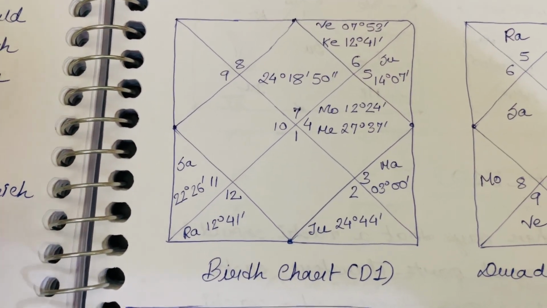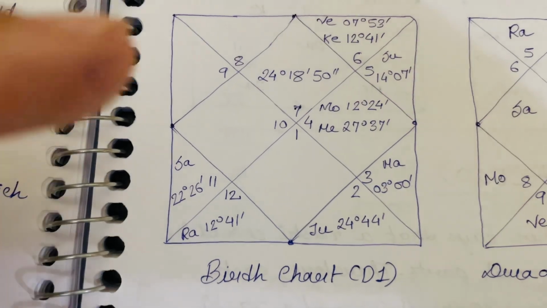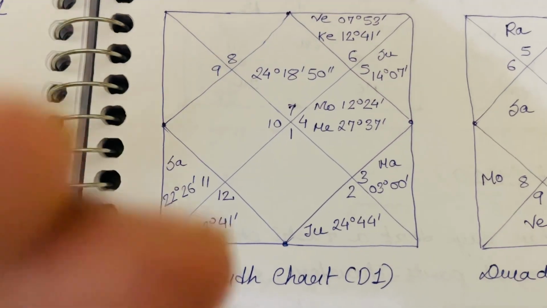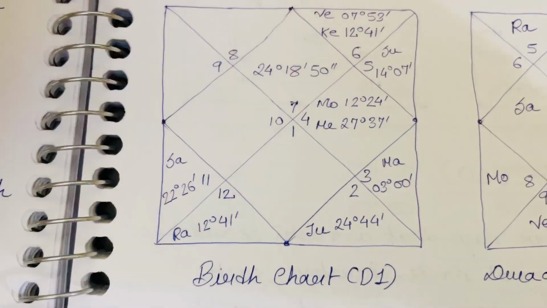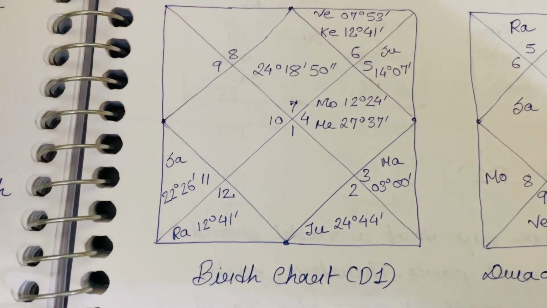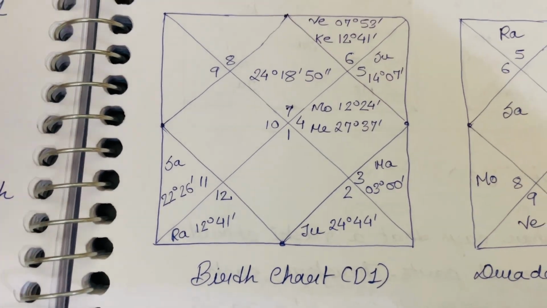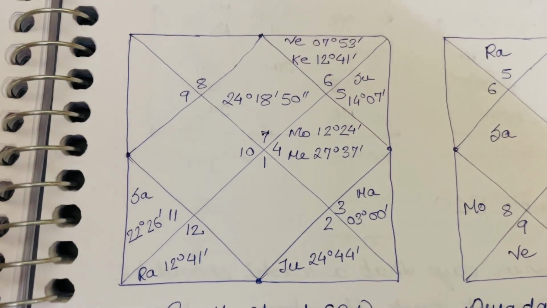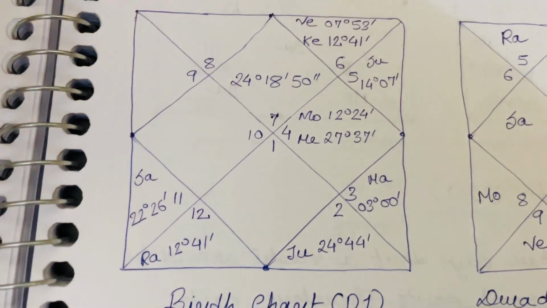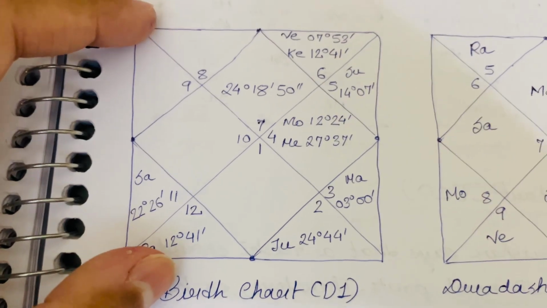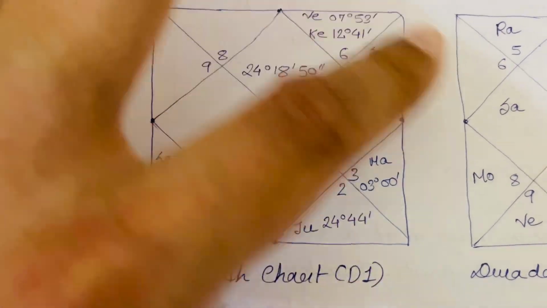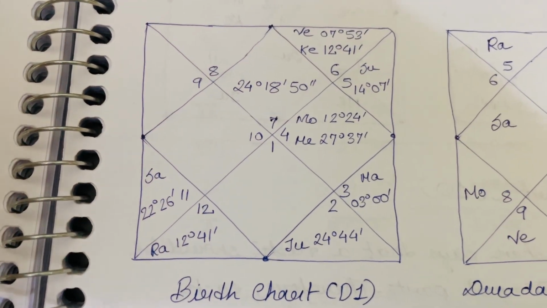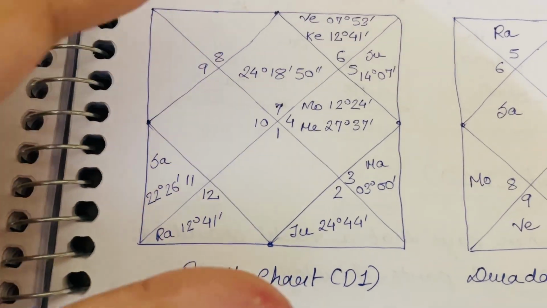First we calculated the ascendant rising, then the planetary longitudes and placements. The birth details were 31st August 2024, time of birth 11:25 AM IST, place of birth Delhi. After all these calculations, we charted out this horoscope, the birth D1 chart. This chart remains the same.